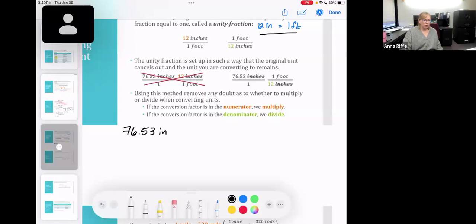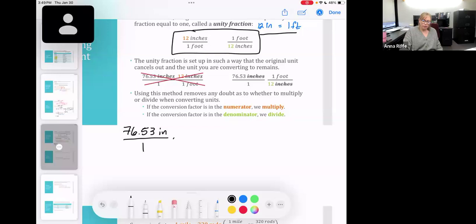To use this method of the unity fraction, we are going to, first of all, set up our starting unit as a fraction, which means I'm just going to put it over 1. Every number technically has a denominator of 1 if it is not written. So I'm going to go ahead and input that because we are dealing with fractions now. So it's helpful to convert everything to fractional form.